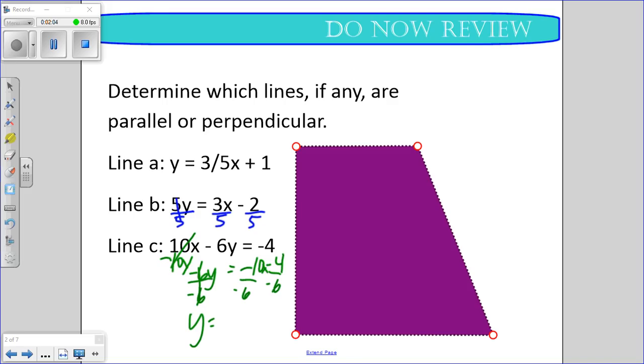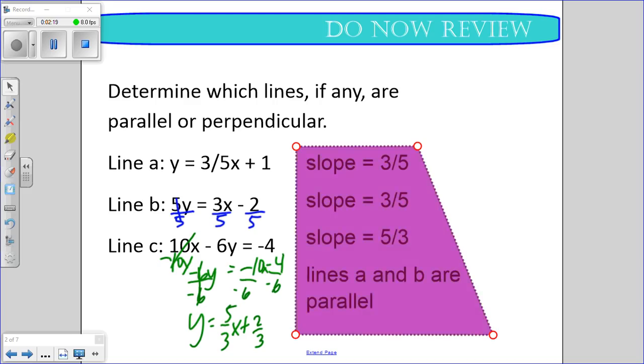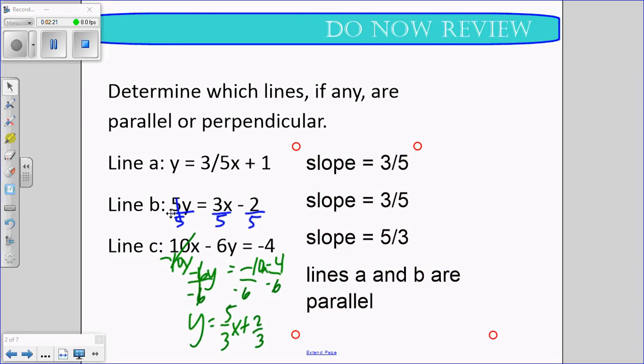A negative divided by a negative is a positive, so we have 5/3x plus 2/3. That means that our slopes of our lines look like this. We have 3/5, 3/5, and 5/3. So lines A and B are parallel.